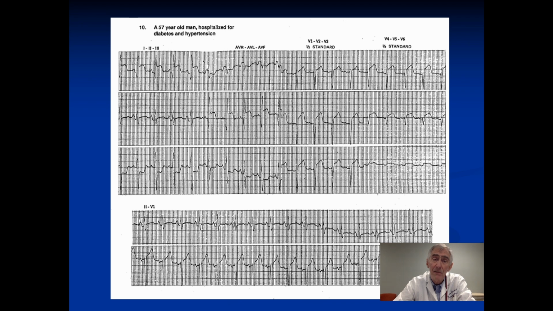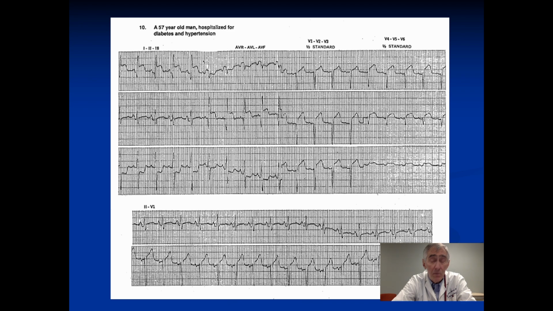So this is 10 millimeters of ST segment elevation here. We go from above the PR segment to the J point, not to the T wave. We look to the J point here, and that gives us evidence of an anterior, anterolateral, anteroseptal myocardial infarction.